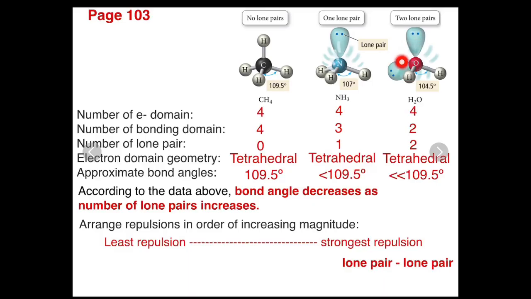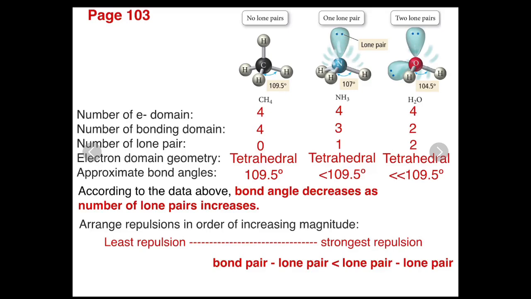They repel each other a lot because there is no second nucleus to share between these lone pair electrons. It is only shared with the oxygen nucleus. And the second strongest would be between bond pair and lone pair.